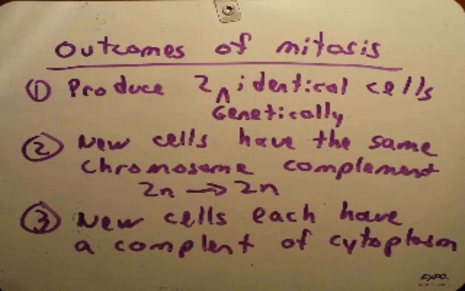As those new cells are formed, they each have to have mitochondria, Golgi, ER, and all the other cytoplasmic components and organelles present in a sufficient quantity so that cell can continue to do its job. If a cell divides and it only ends up with half the mitochondria it's supposed to have, that's going to have a consequence to the new cells.